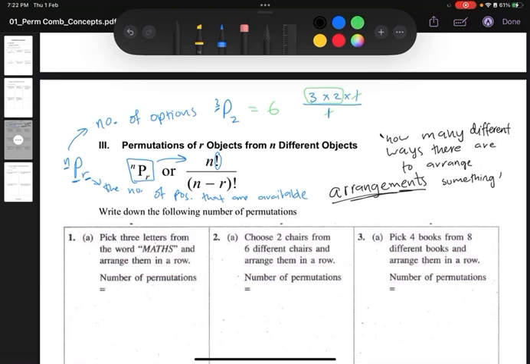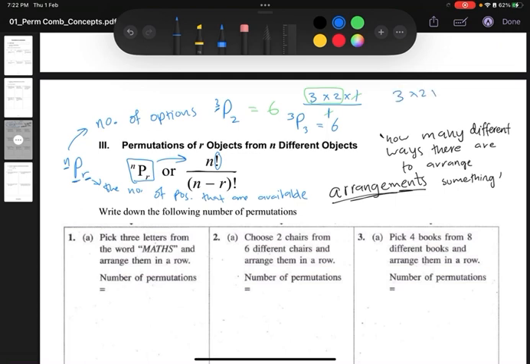So try to understand this dividing part here. If there were 3 options to choose from and you picked all 3 of them, you would just have 3 factorial. So 3 factorial would be 6. So you would choose everything, right?